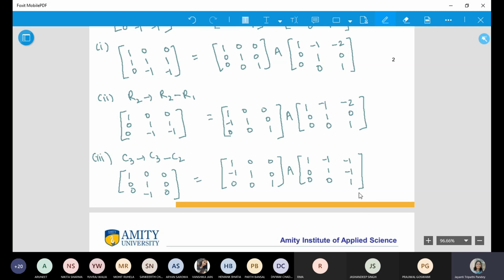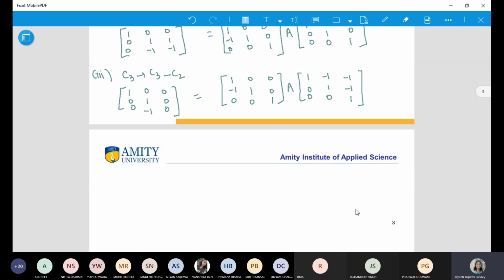Is it okay? Please see the calculation mistake if there is any.